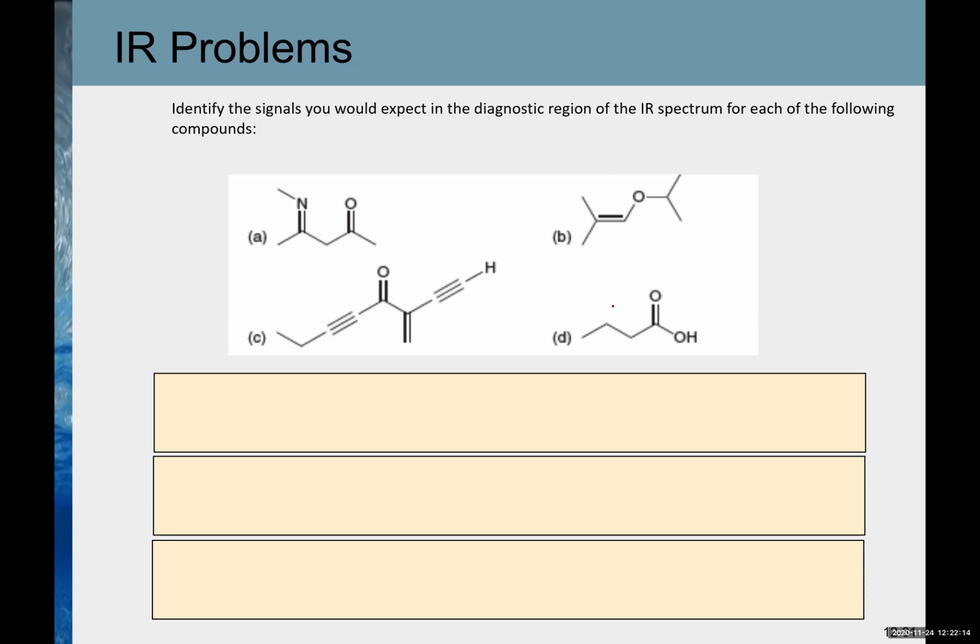Let's look at molecule A and name all the peaks you expect to see in A. CH stretching. We expect to see the CH stretching at what position? 2800 to 3000.